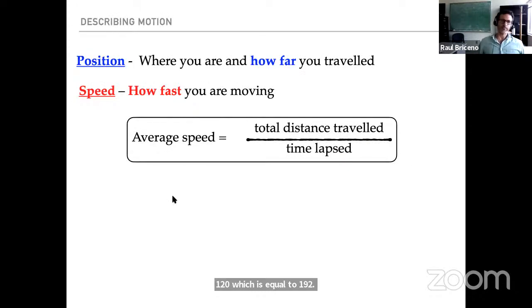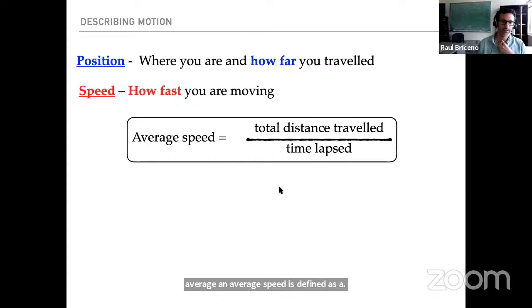All right, so if we want to start describing the motion of objects, then you have to tell us not just how far you've gone, but also how fast you're going. And so the simplest quantity you can think about calculating is speed, which on average is defined as the total distance that you traveled divided by the time that it took you to cover that distance.